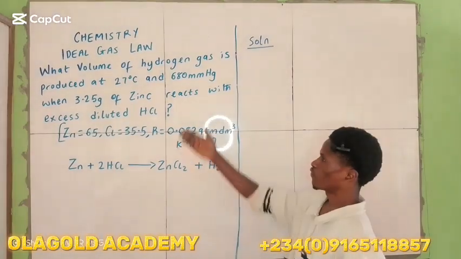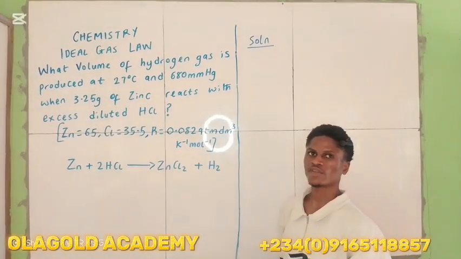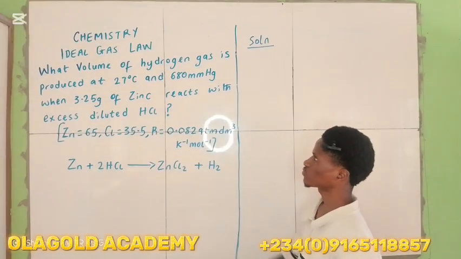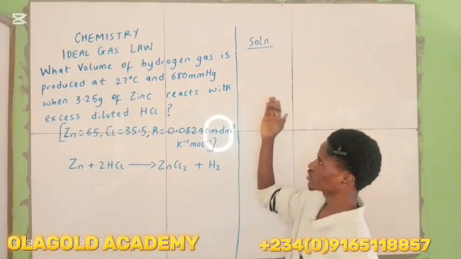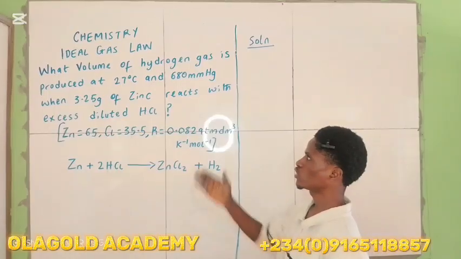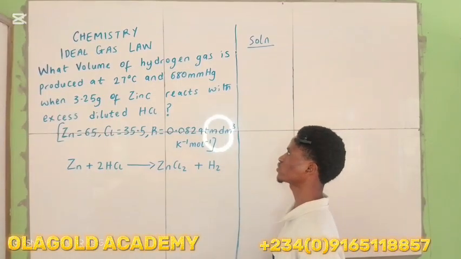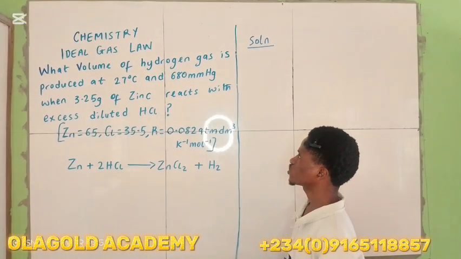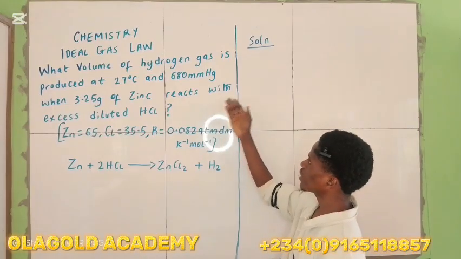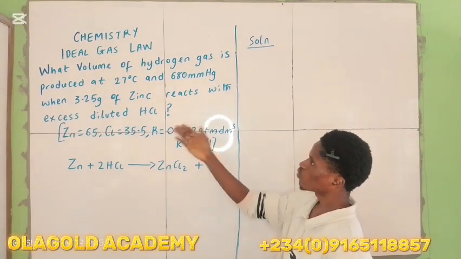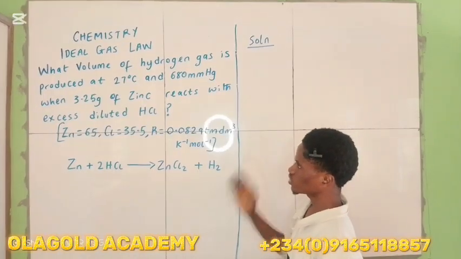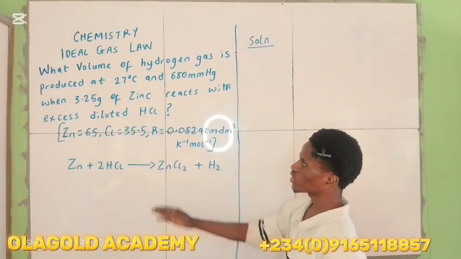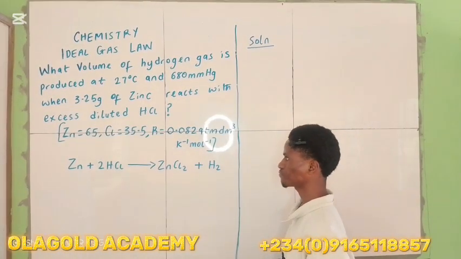Alright, for this question, we are asked what volume of hydrogen gas is produced at 27 degrees Celsius and 680 millimeter mercury when 3.25 grams of zinc reacts with excess diluted hydrochloric acid.